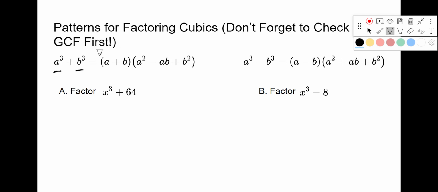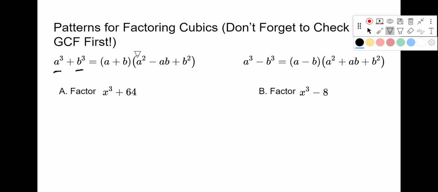Now, if you look at this first factor, the first factor is a plus b. So if you can identify a from your original polynomial, identify b from your original polynomial, the sign, you can see, also stays the same, a plus b. Okay.